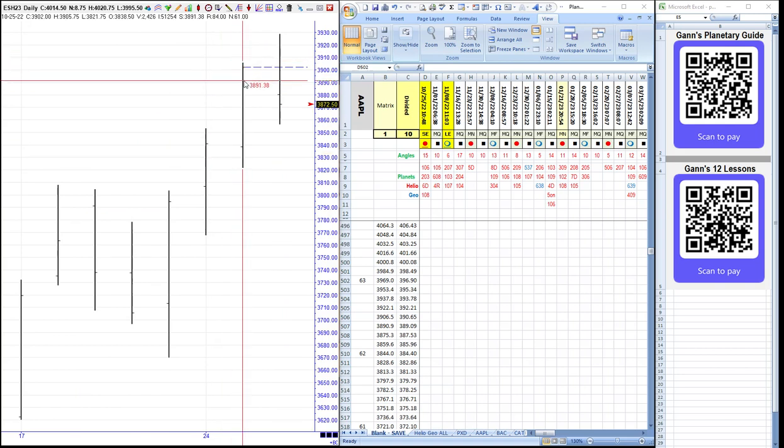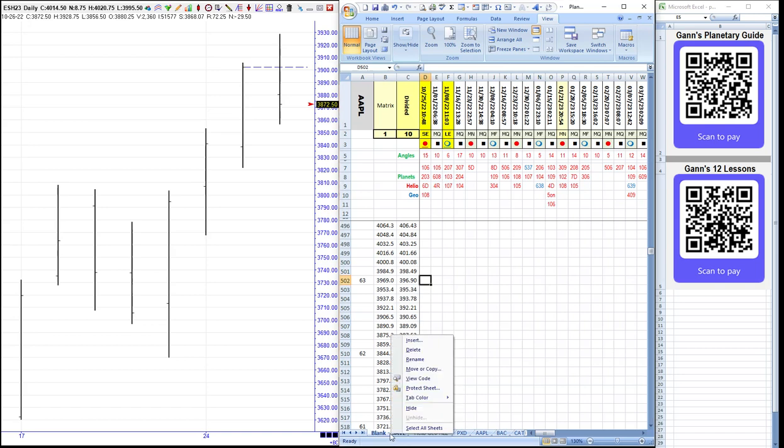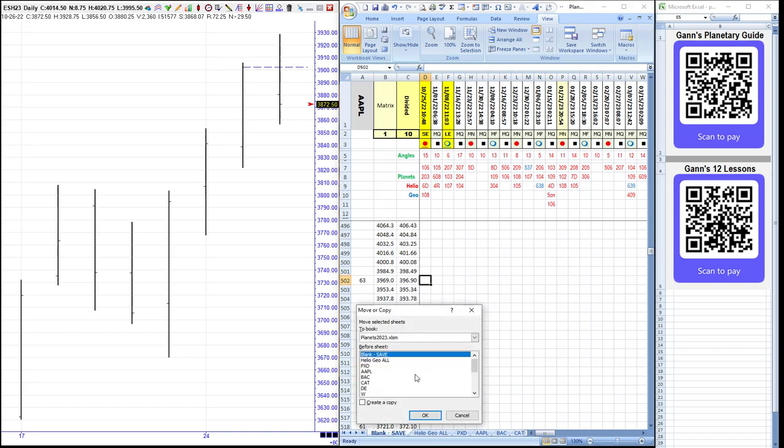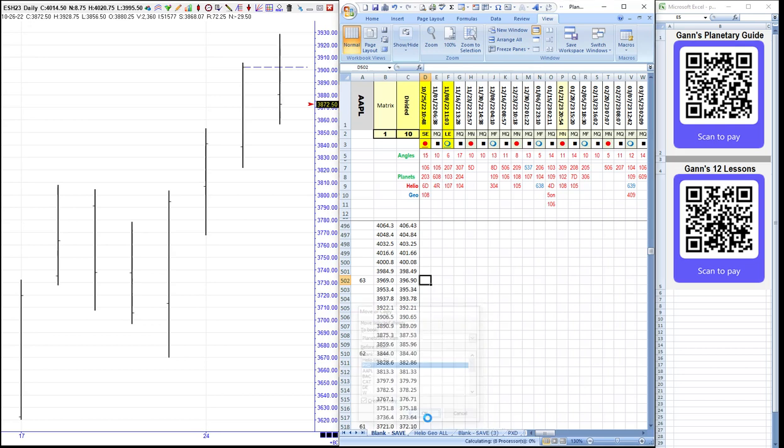Again, we're starting from the solar eclipse, which is October 25th. And I think we'll just keep this range the same. First thing we want to do is create a copy, and we'll put it before the last one I've done. And then, again, it's a spreadsheet.